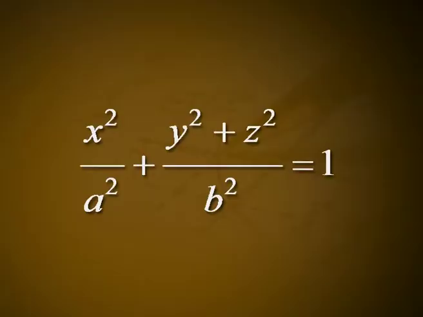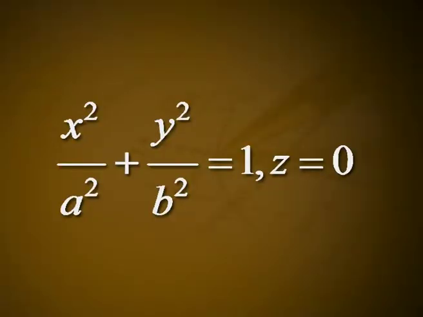The equation x square by a square plus y square plus z square by b square is equal to 1 of the surface therefore represents an ellipsoid of revolution formed by revolving the ellipse x square by a square plus y square by b square is equal to 1, z is equal to 0, about its major axis. This is known as a prolate spheroid.